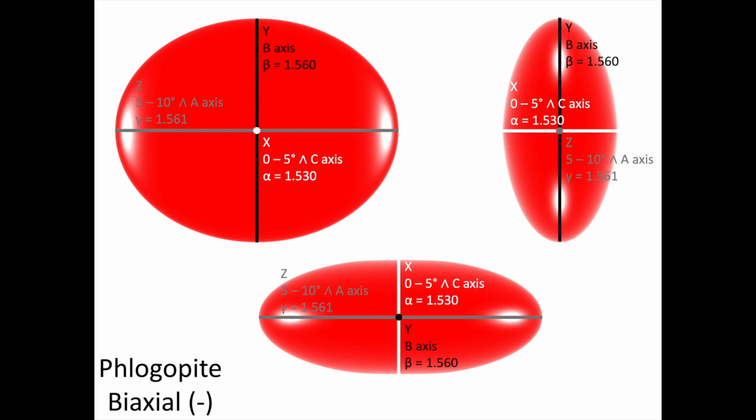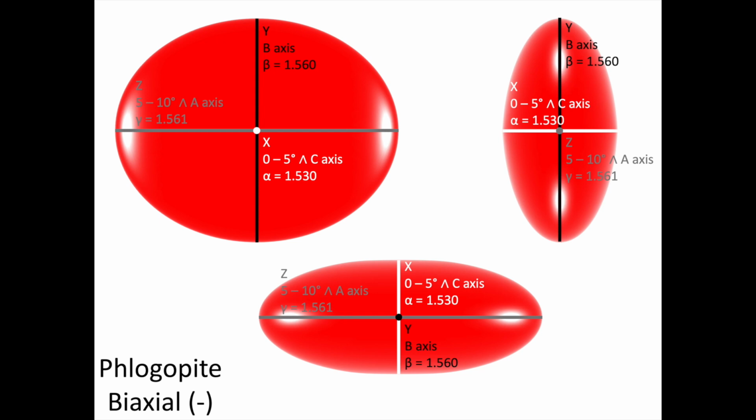Now let's add in the relationships between our crystallographic axes and the directions of our optical indicatrix. Our phlogopite is monoclinic, and this means that only one of our crystallographic axes and the axes of our optical indicatrix are going to coincide. In this case, the y direction through our optical indicatrix will be the same as our B crystallographic axis.